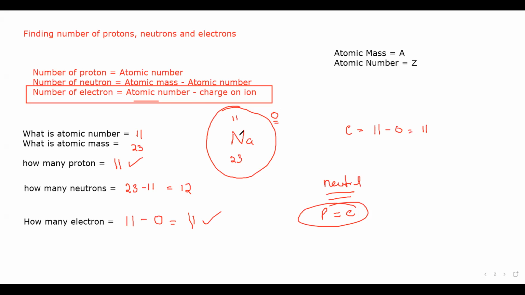If there is no charge written, definitely the number of protons should be equal to the number of electrons. But if there is a charge, then you should use the formula, atomic number minus the charge on the ion. First I'm using neutral atoms to explain the idea, and later I will give examples related to charges. So most of the examples I'm giving now, you will find that the number of protons and electrons will be the same.